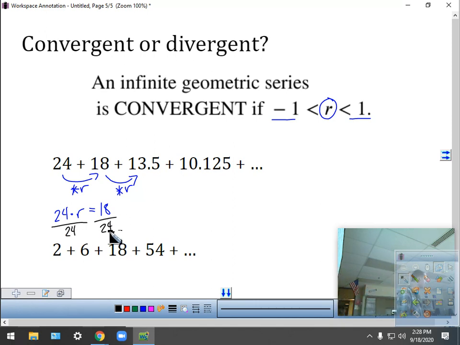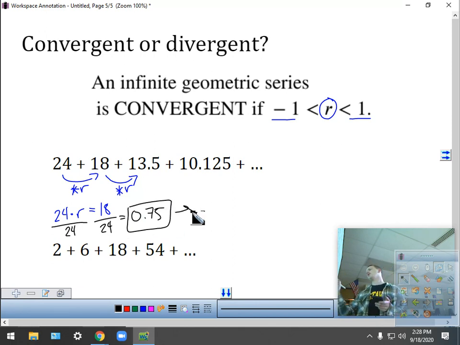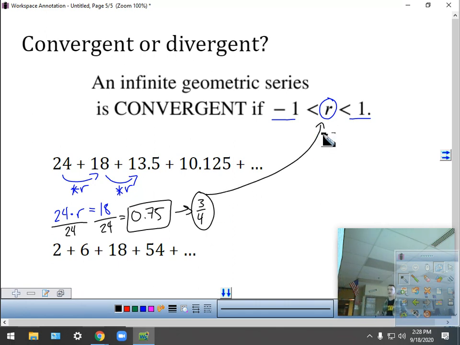Use your calculator. There's no shame in that. I'm just going to pull my phone out and see what that is. 18 divided by 24 is 0.75. Your ratio is 0.75, or you could write 3/4. Does this make that inequality true?